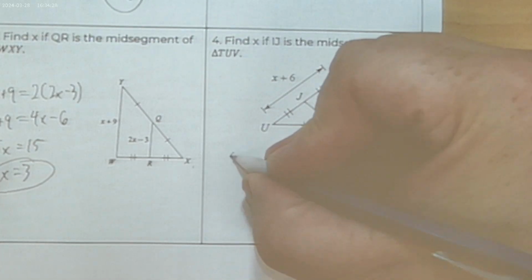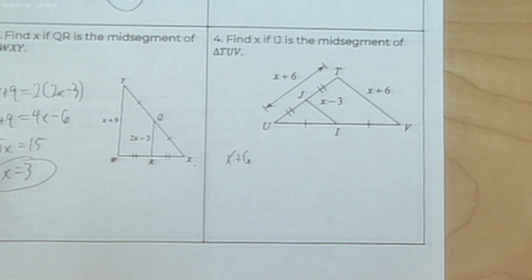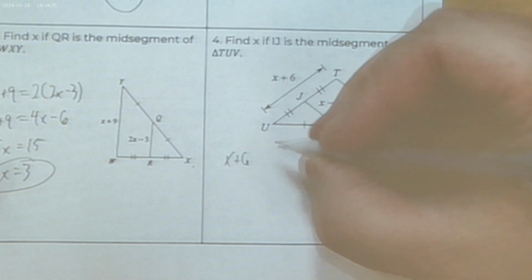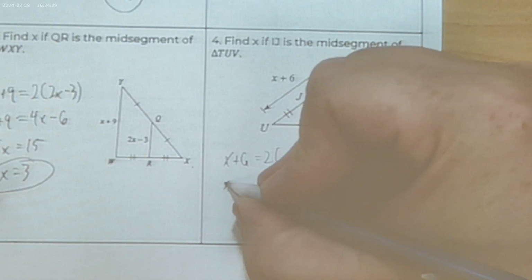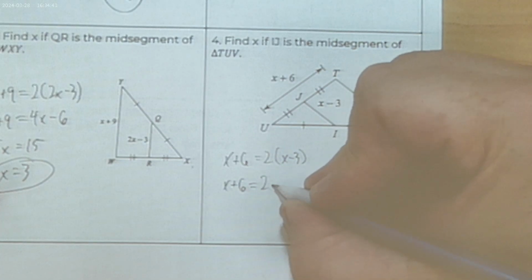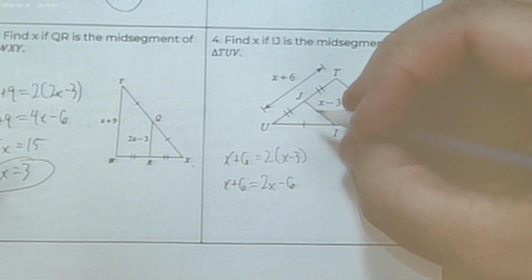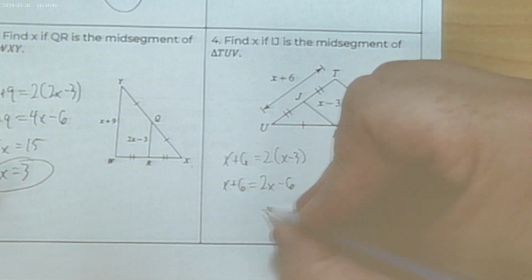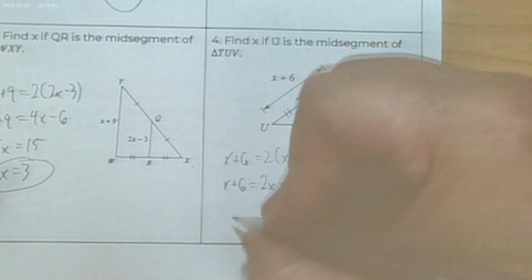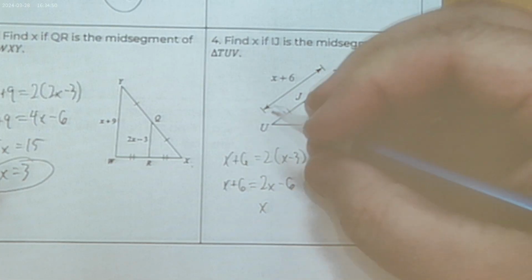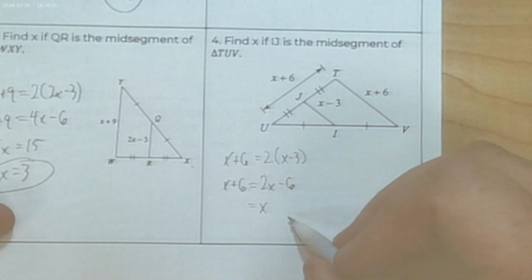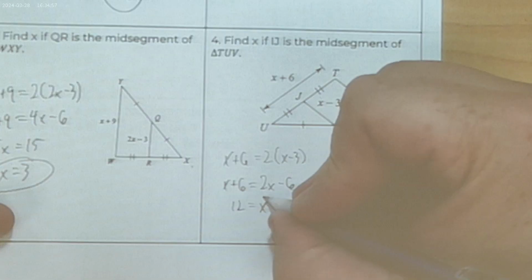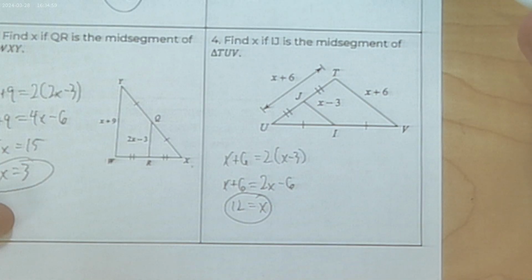I think it's just one of those things they're putting in to throw you off. So X plus 6 equals 2 times X minus 3. So X plus 6 equals 2X minus 6. I'm going to move some X's around, so 2X minus X is X, and then I'm going to add 6 to both sides, that gives me 12. So 12 equals X.